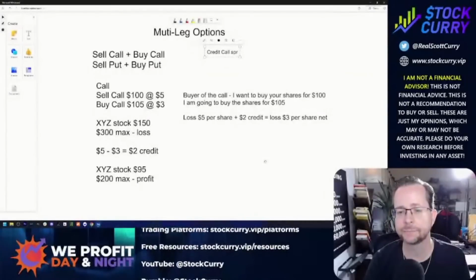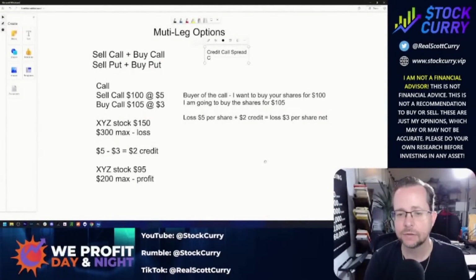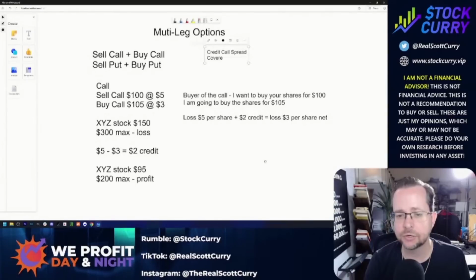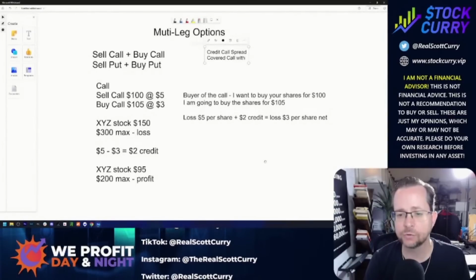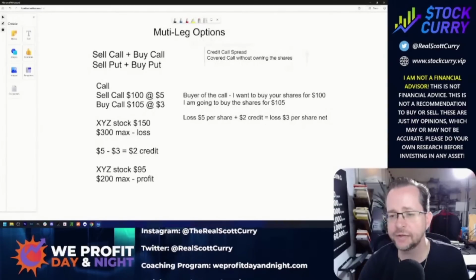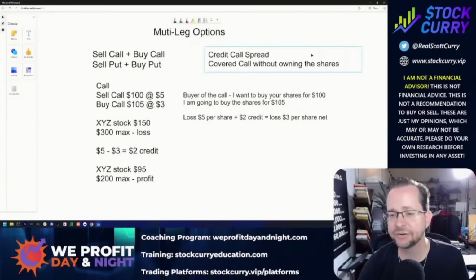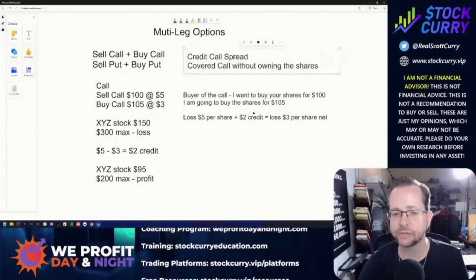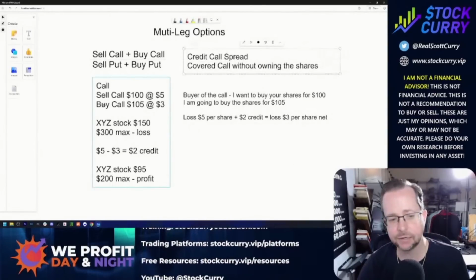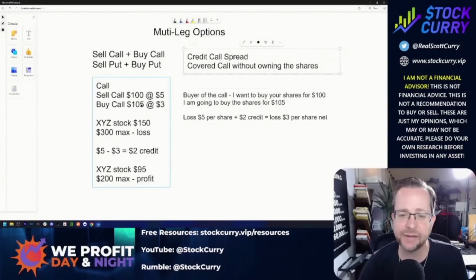Credit call spread is a covered call without owning the shares. The reason I am allowed to do a covered call without owning the shares is because I have a call that allows me to buy those shares if this trade goes against me.